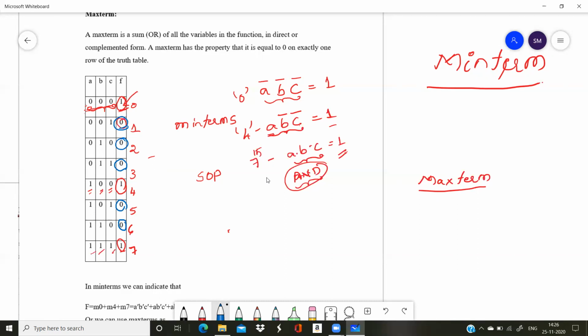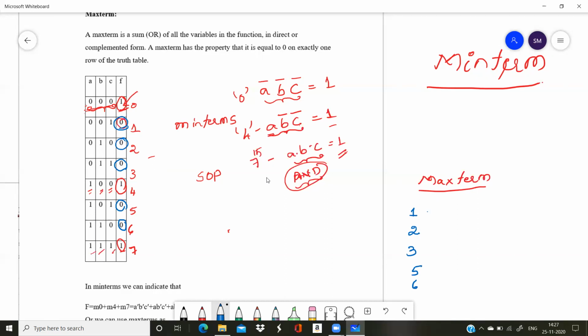These are all the max terms which represent the output as 0.